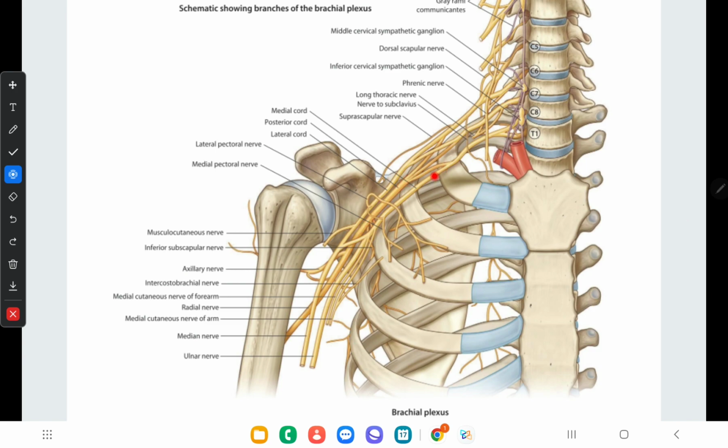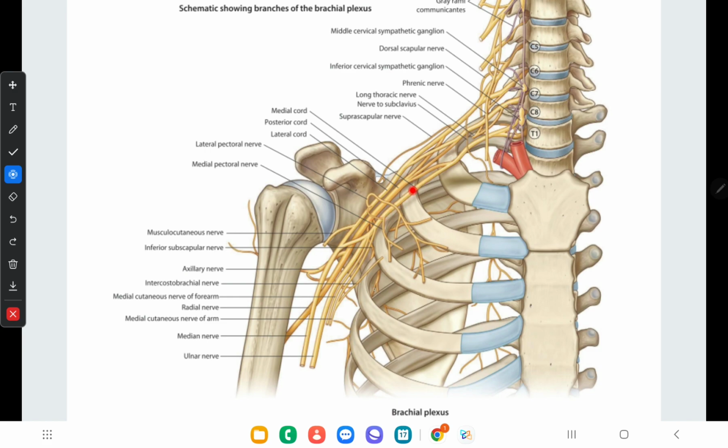The anterior division of the lower trunk continues as the medial cord, and the two anterior divisions of the upper trunk and middle trunk continue as the lateral cord. Here you can see the lateral cord, then the posterior cord, and then the medial cord here.